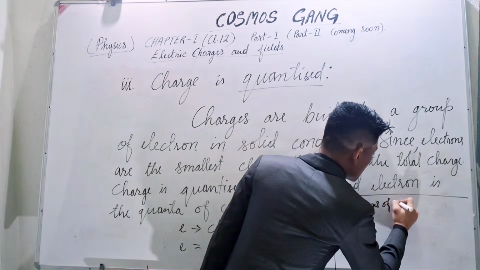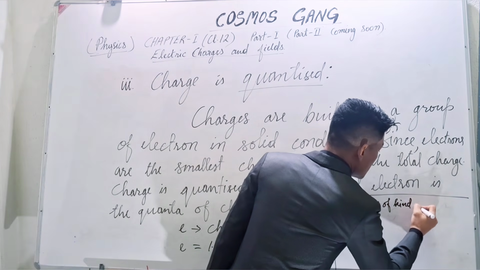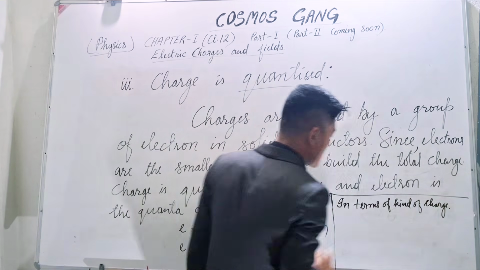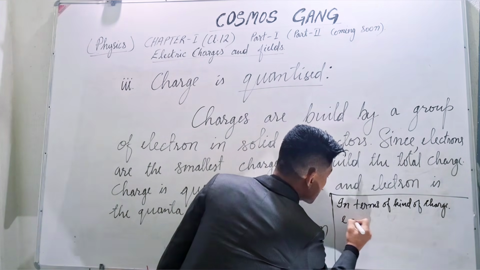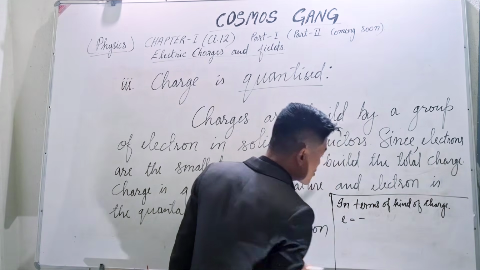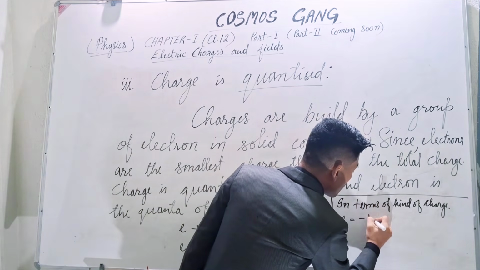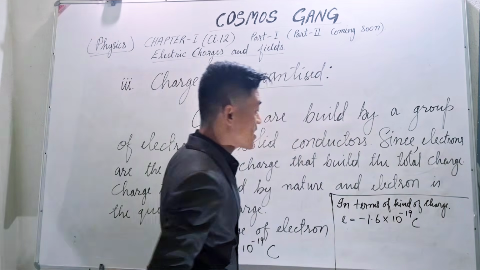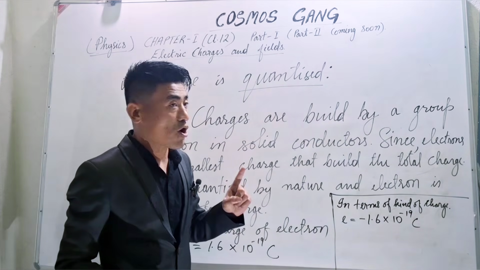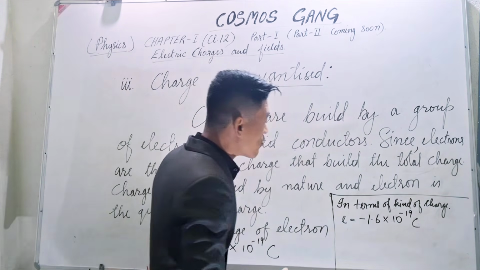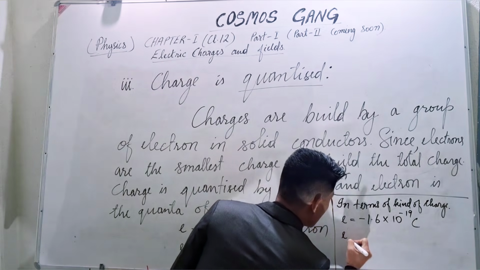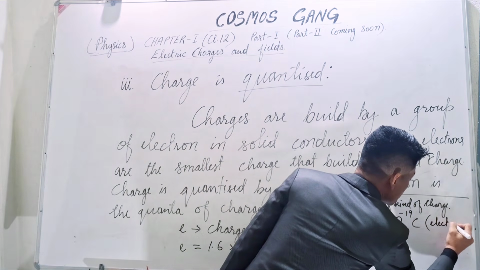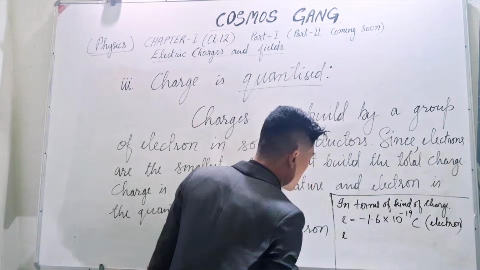In terms of the kind of charge, electrons will be negatively charged and will have a value of minus 1.6 into 10 to the power minus 19 coulomb. Proton has the same charge, but it is positively charged.